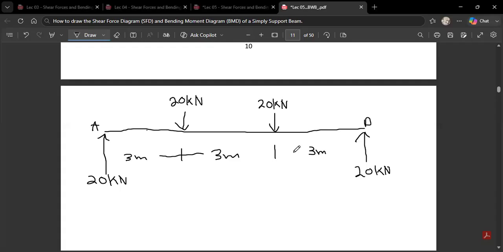Also 3 meters. This is also 3 meters. So let's calibrate it well. We can just go and start plotting the graph now.